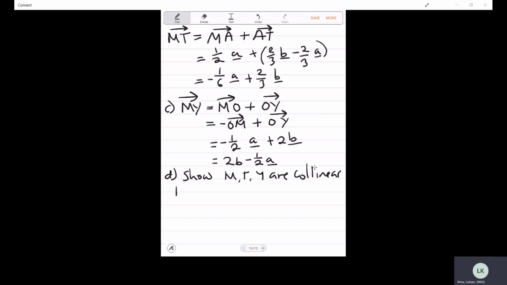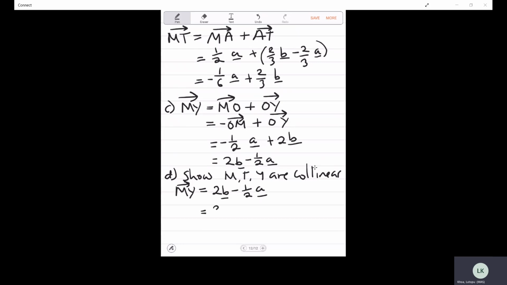So I start with MY. MY, we worked it out already. This is 2B minus half of A. Sorry, my B is not underlined here. Okay, then what I can do is I can factor a 3 out.